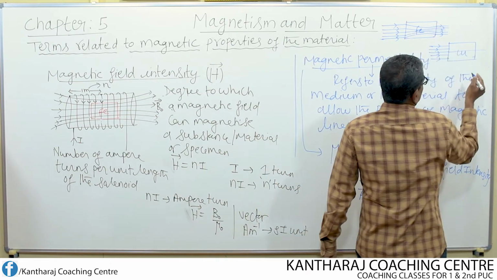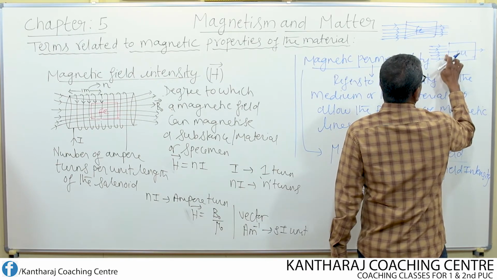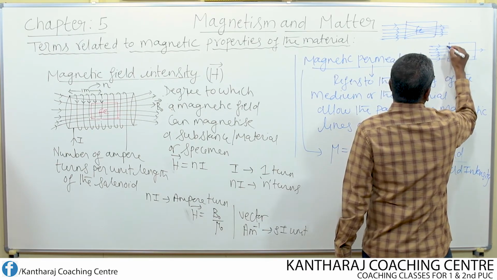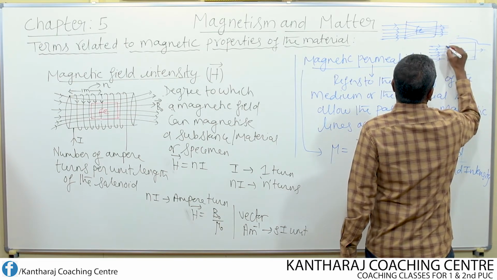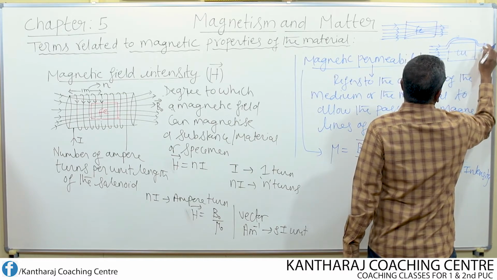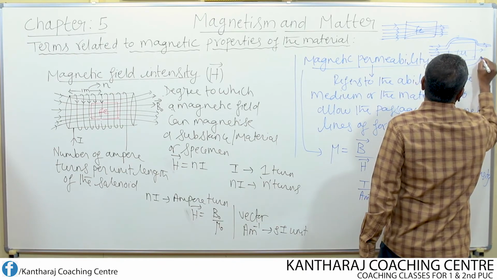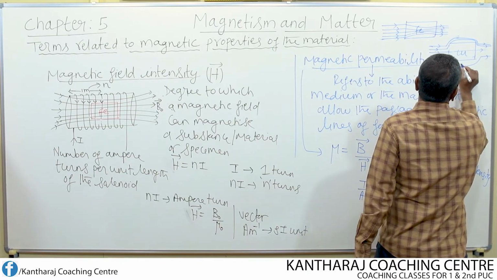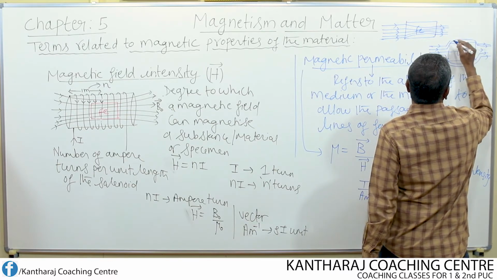It is only a rough number that I am giving. Then what happens to the remaining magnetic lines of force? They tend to move away from the substance, like this.